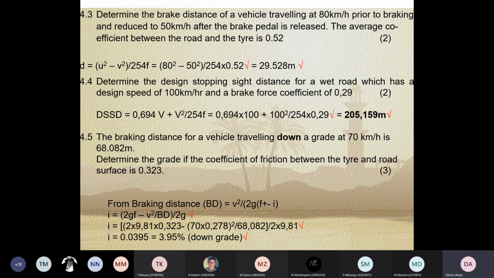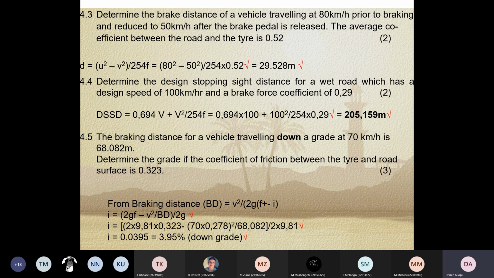So again, note the formula. It's the difference in your speed squared, don't forget the squared, divided by 254F, your frictional coefficient between your tire and road surface. And that gives you the brake distance of 29.528 meters. And if you got that correct, then allocate yourself 2 marks.